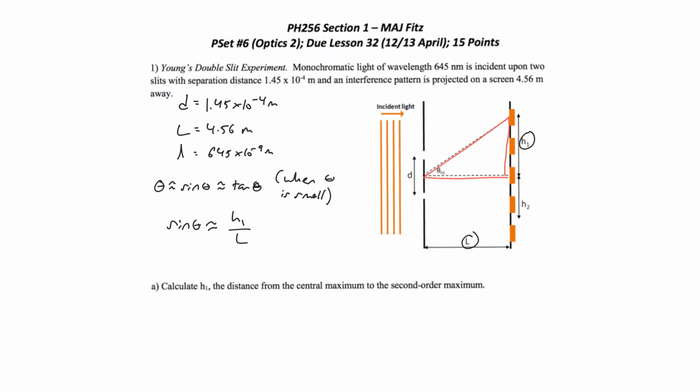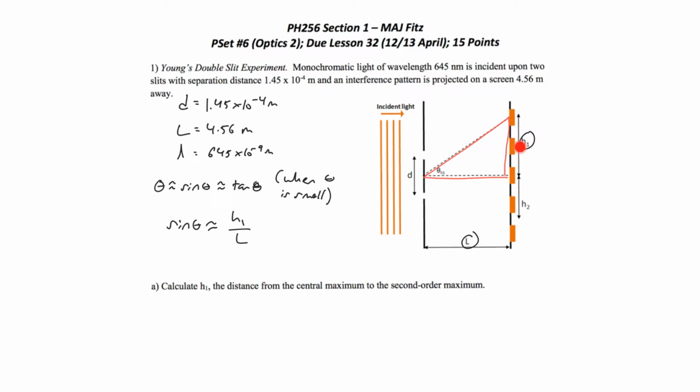So for part A, we just have to choose the right equation, and so looking back to your lab or your reading, we know the condition that gives fully constructive interference, or the distance from the central maximum to any of the maxima or bright spots.